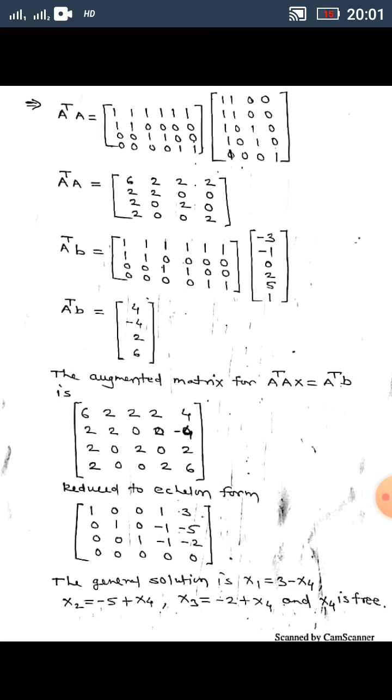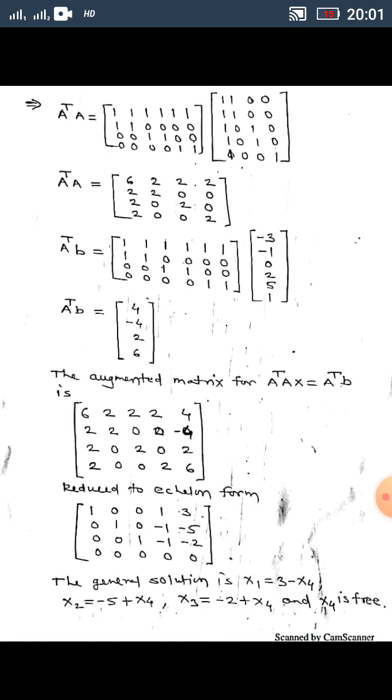Next, third row, first column, second column, third column, and fourth column we multiply. 0 into 1, 0 into 1, 1 into 1, 1 into 1, 0 into 1, that is 0. So 1 plus 1, 2, will be the only element, that is 2. Next, 0 into 0, 0 into 1, 0 into 1, 1 into 0, 1 into 0, 0 into 0.